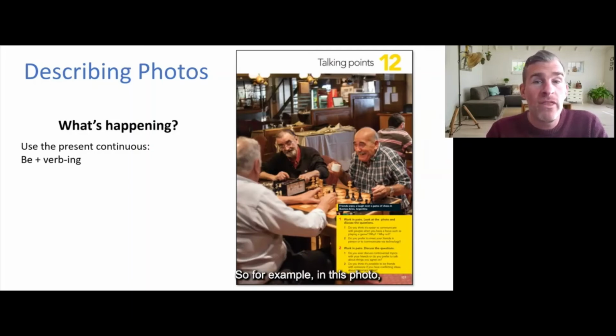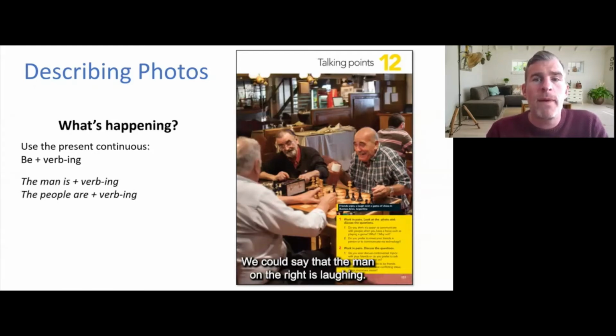So for example, in this photo, we could say that the men are playing chess. We could say that the man on the right is laughing. He is also drinking coffee. What are the other people in the picture doing?